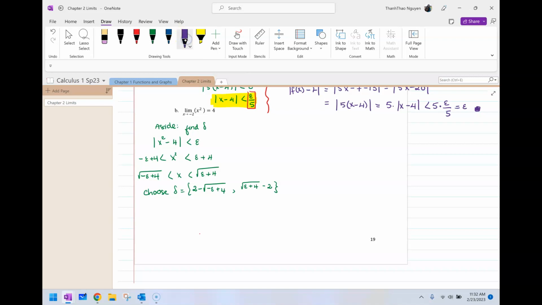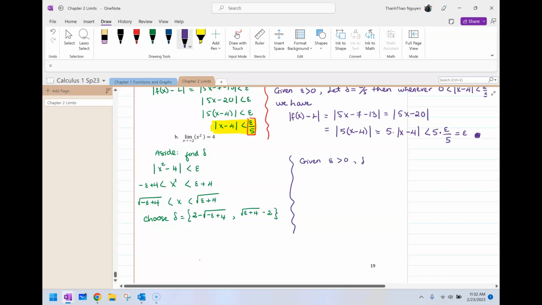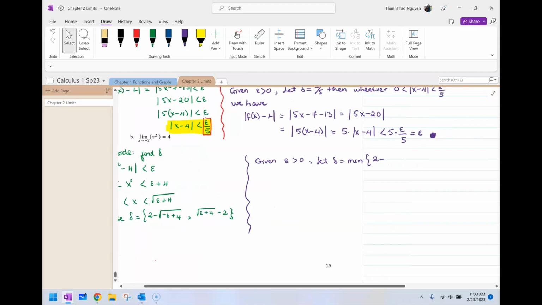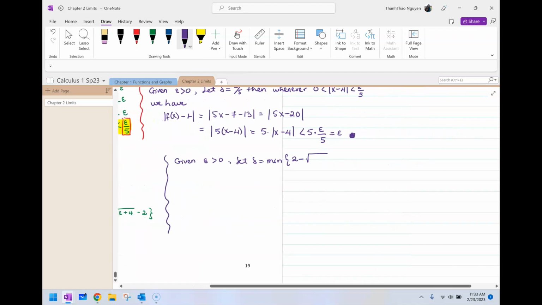So go back to our proof. Given epsilon greater than 0, we will let delta equal the minimum of 2 minus the square root of negative epsilon plus 4, and the square root of epsilon plus 4 minus 2.